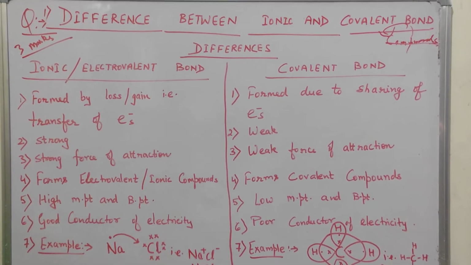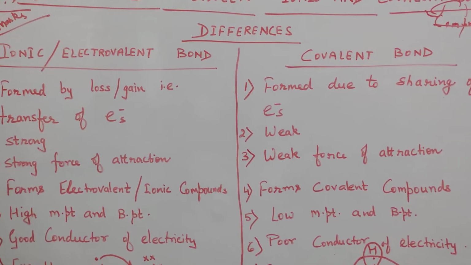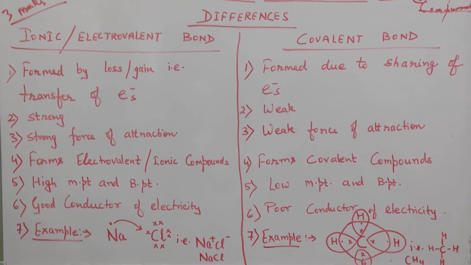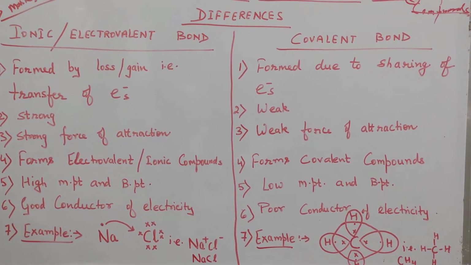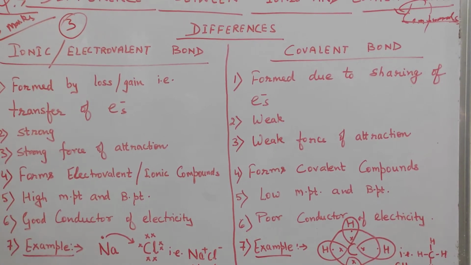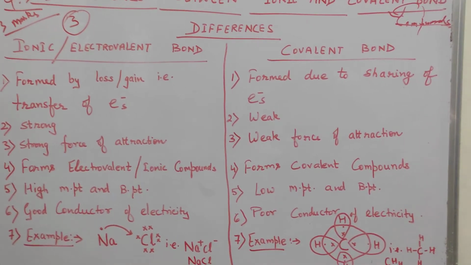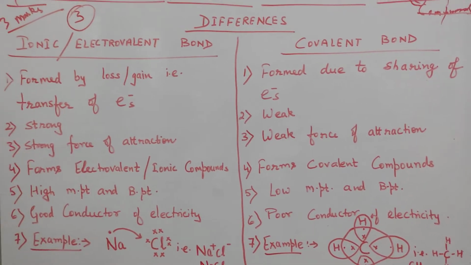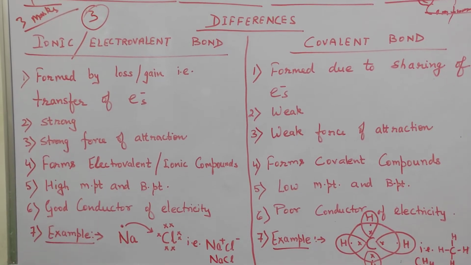So as you can see on the board, in the same way you have to write your answer in the paper also. And again, with the promise that you will get 3 marks, no one can take your marks away if you are going to present your answer according to this pattern, according to the way I have mentioned here.